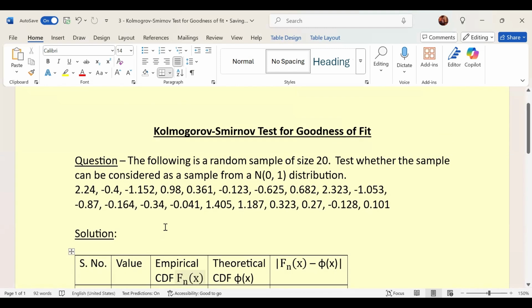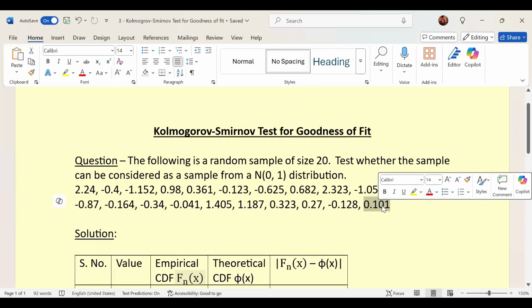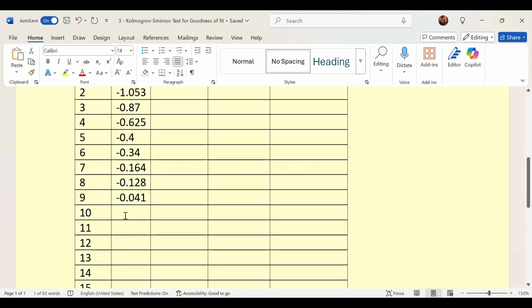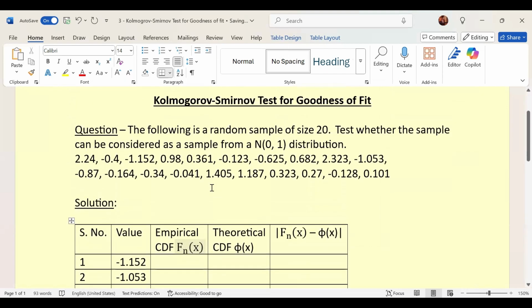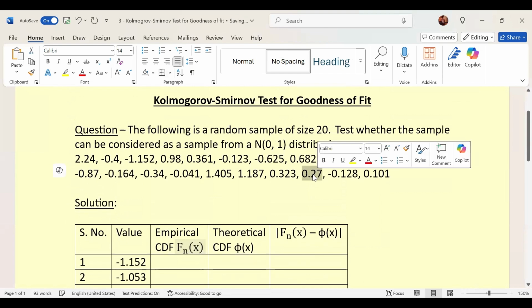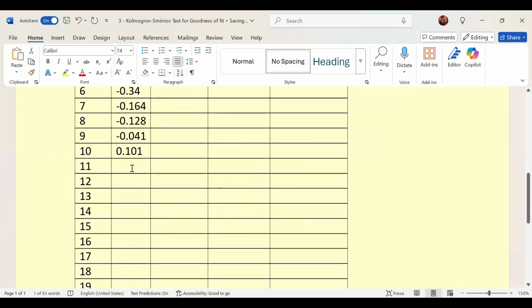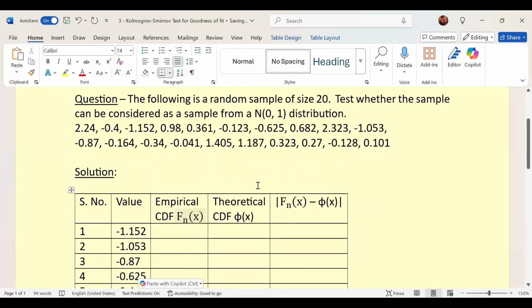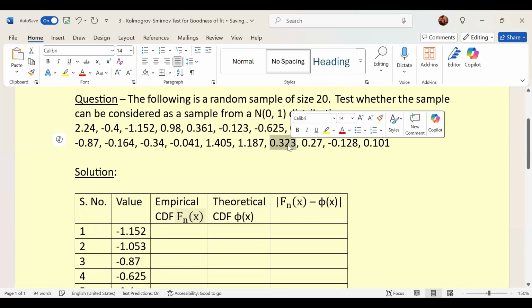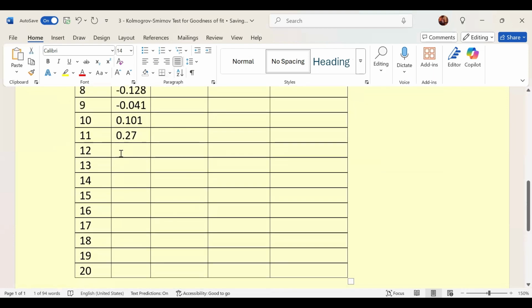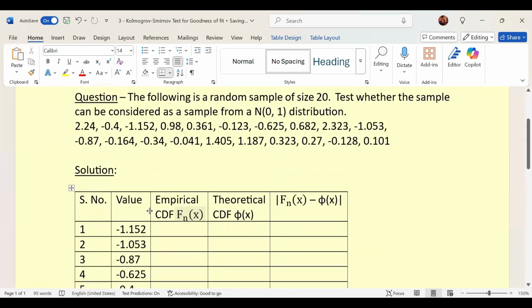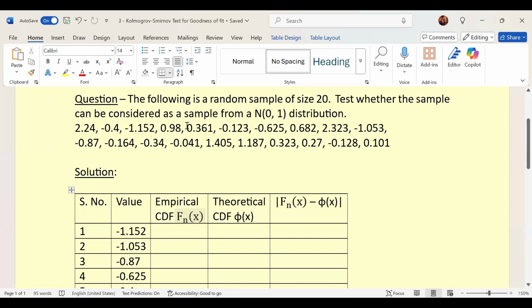Next least is 0.101, then 0.27, then 0.323, then 0.361.